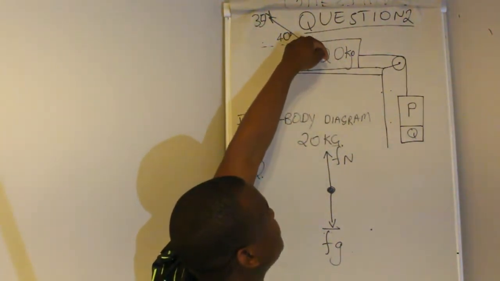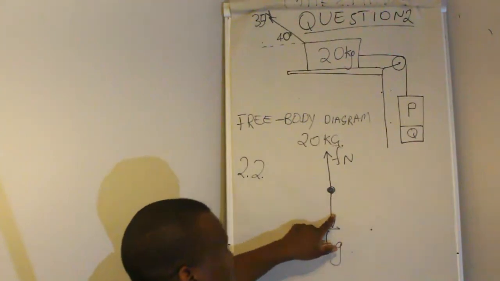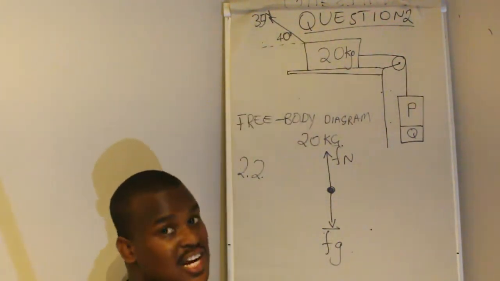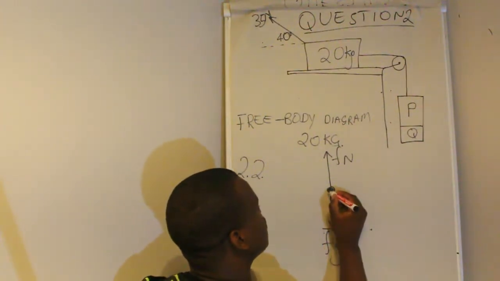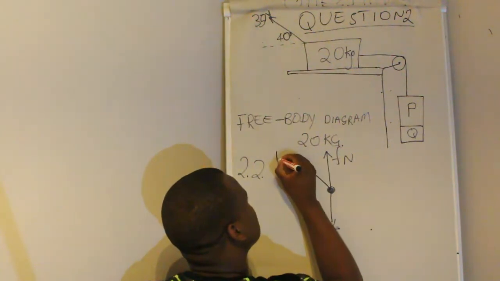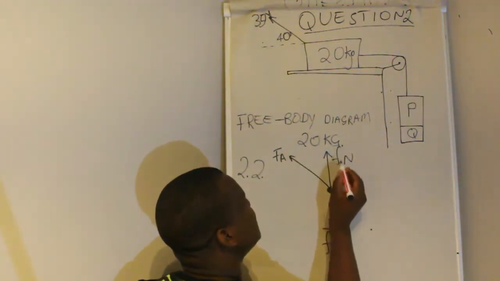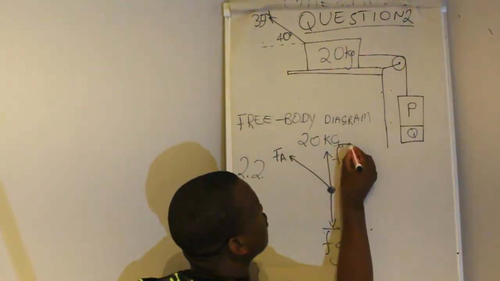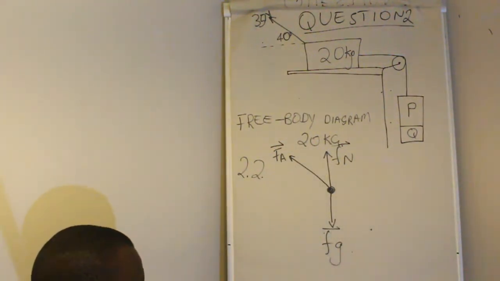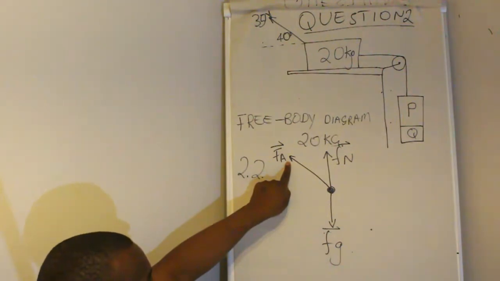Gravity is acting vertically downwards, like that. So even this one should maintain the shape of 40 degrees to the horizontal. So here is our applied force. These are vectors, so there should be an arrow on top of them.